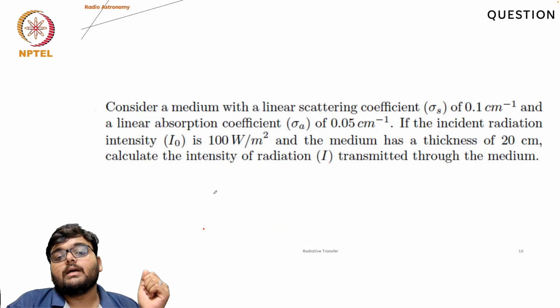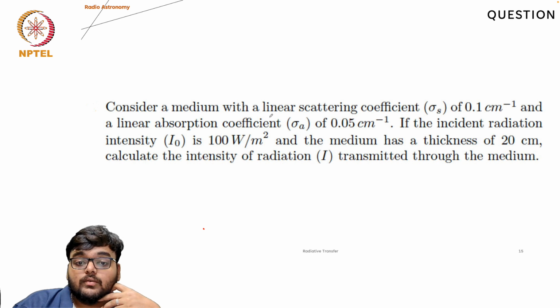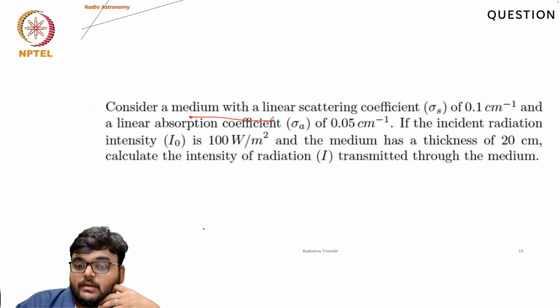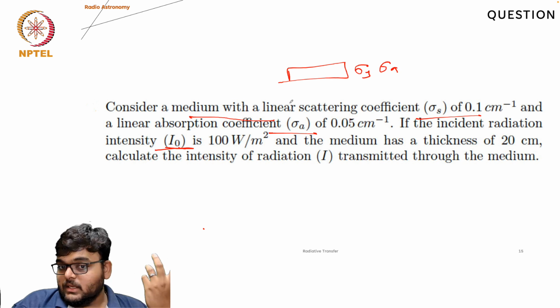Now let's move on to the final question of the day. We have to consider a medium with a given scattering coefficient and absorption coefficient. It is also mentioned that there is an intensity incident on the medium.